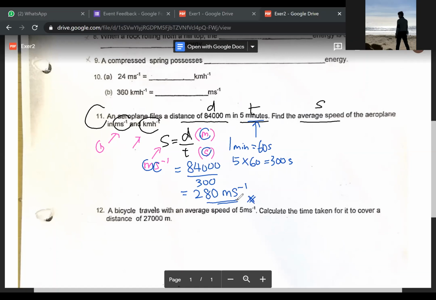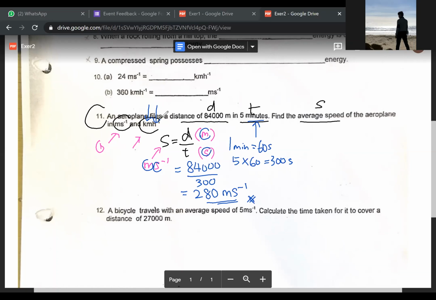We're not done yet. We still have another one, km per hour. Now you can do either one of two ways to find kilometer per hour. You can either repeat this calculation, but now you use km instead of meter, and you use hour instead of second, so that your final answer is in kilometer per hour.